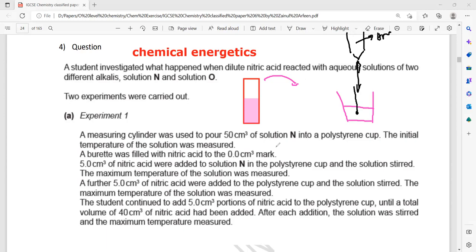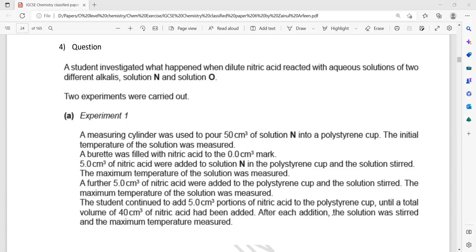The polystyrene cup and the solution were stirred, and a further 5 cm³ of nitric acid was added. After the first 5 cm³, the maximum temperature was measured, then a further 5 cm³ was added, and the maximum temperature measured again. The student added 5 cm³ each time until the total volume reached 40: 5, 10, 15, 20, 25, 30, 35 and 40. After each addition, the solution was stirred and the maximum temperature was measured.